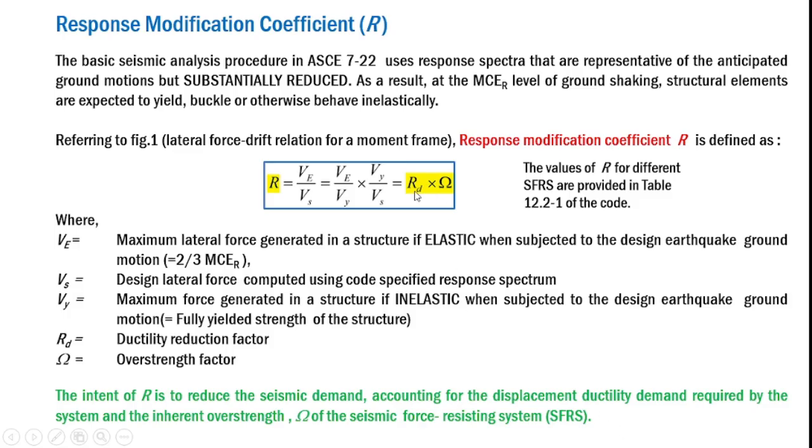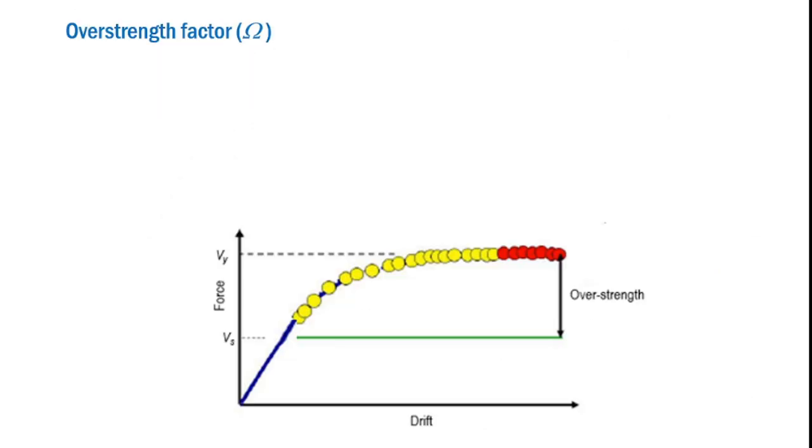Considering these two factors, accounting for the ductility and the overstrength, we have reduced the seismic demand from VE to a code specified level of VS. That's all regarding the important concept behind the formulation of the response modification coefficient capital R.